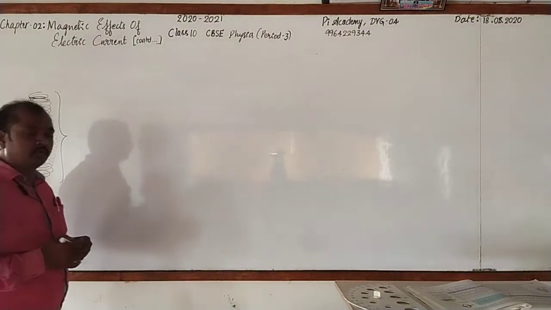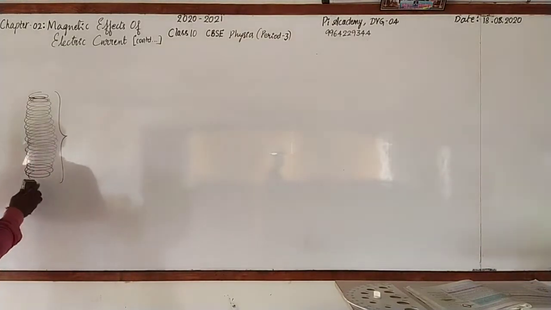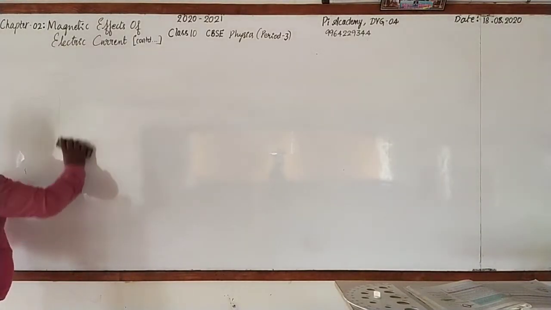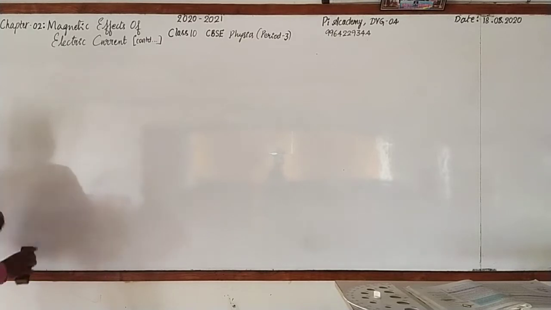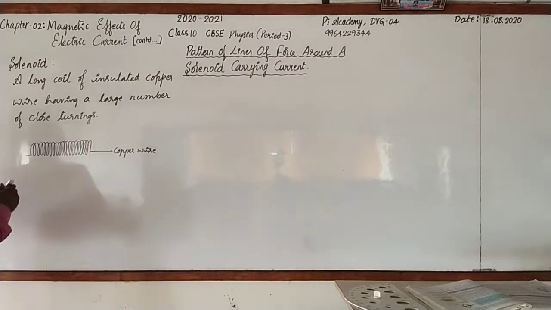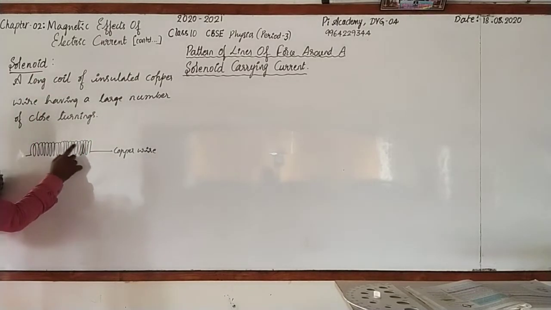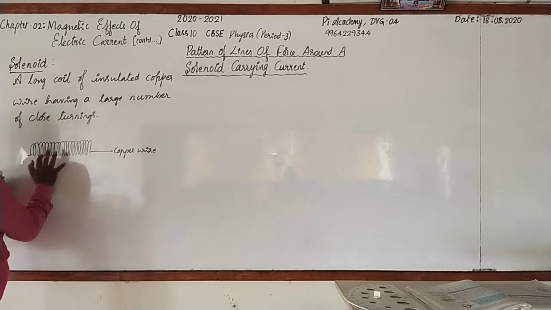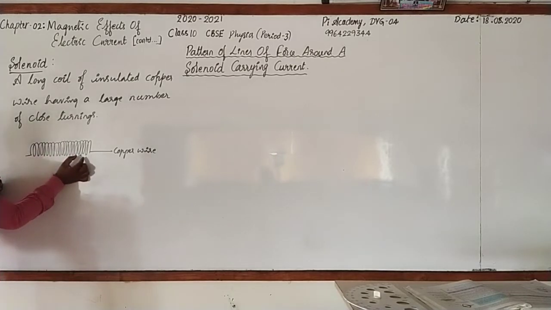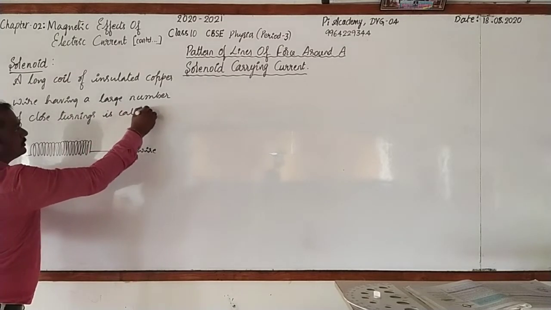Now let us come to know how the pattern of lines of force will be around a solenoid. First let me write a definition of it. Please go through the definition. Solenoid, a long coil of insulated copper wire having a large number of close turnings, is called a solenoid.